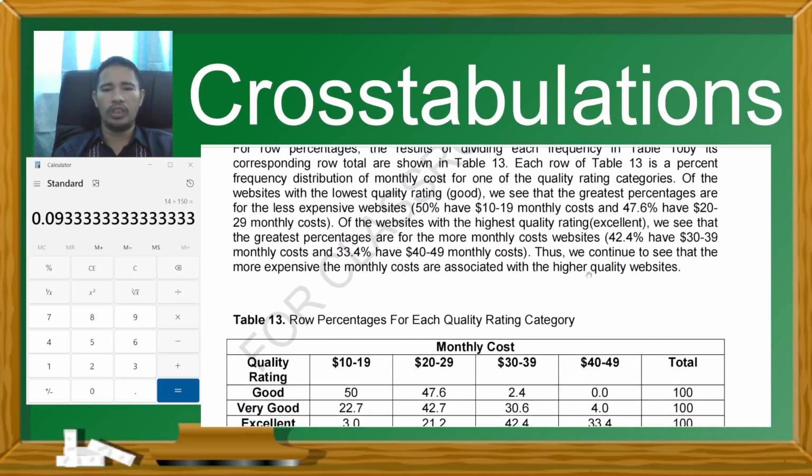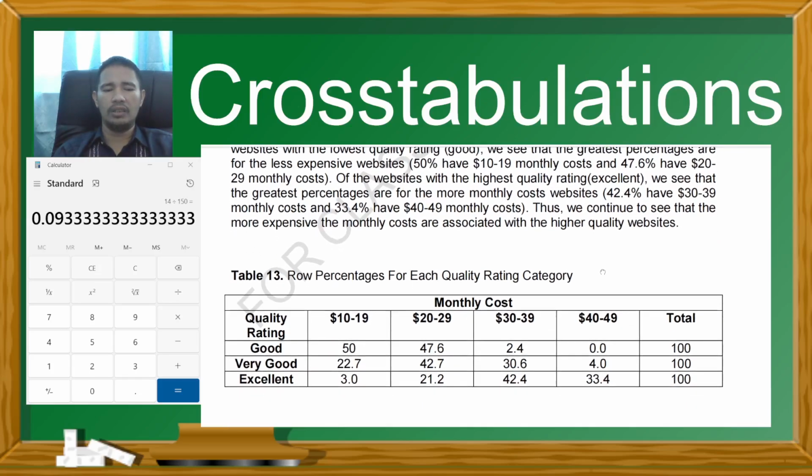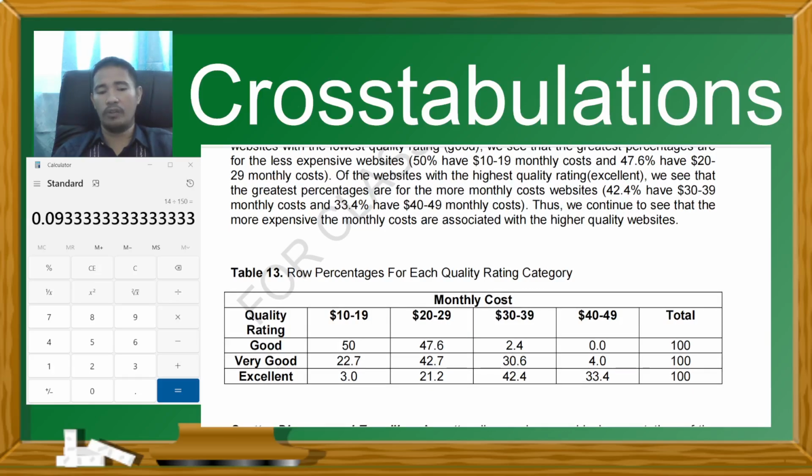Each row of Table 13 is a percent frequency distribution of monthly cost for one quality rating category. Of the websites with the lowest quality rating, good, we see that the greatest percentages are for the less expensive websites. 50% have 10 to 19.